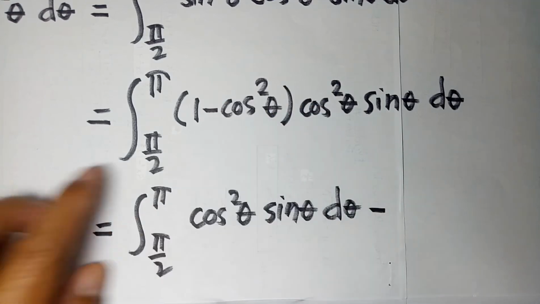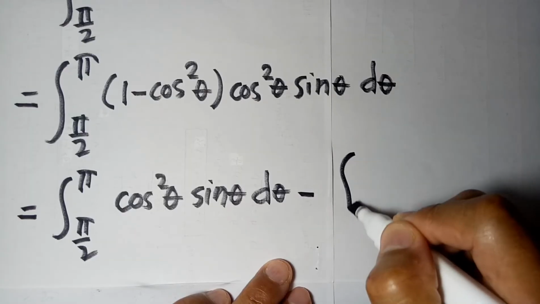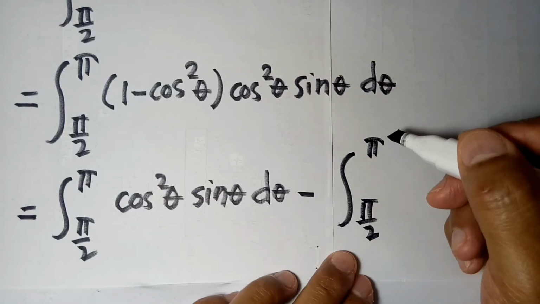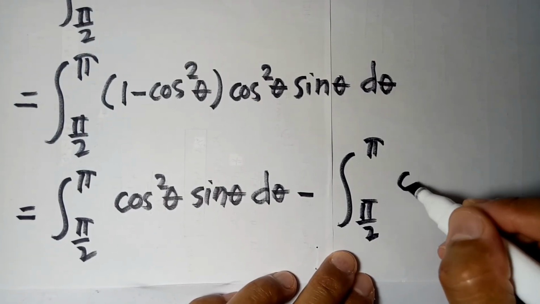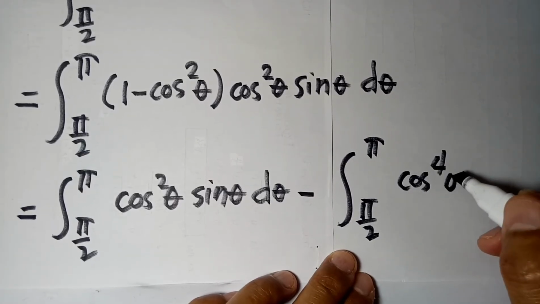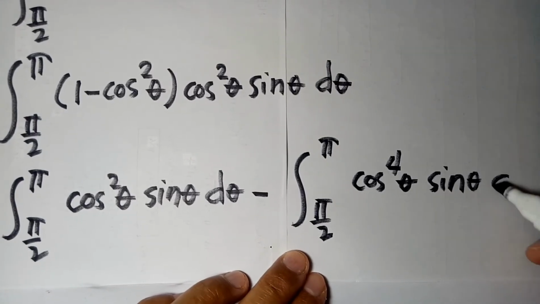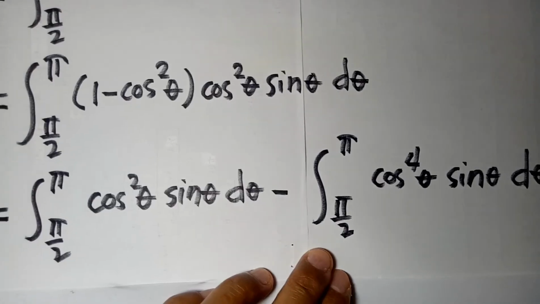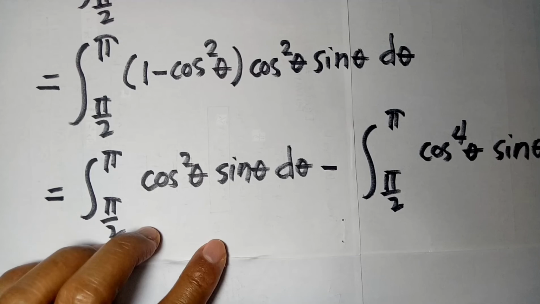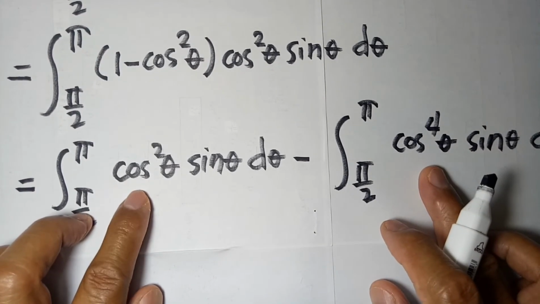And then cosine squared times cosine squared is cosine to the 4th. So, integral from pi over 2 to pi of cosine to the 4th of theta and then sine theta d theta. And then, by power rule, ano, pwede nating ma-solve yung integral ng dalawang term nito.